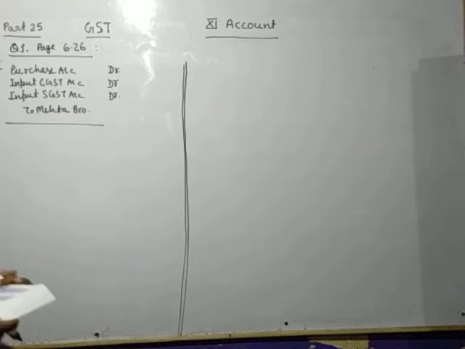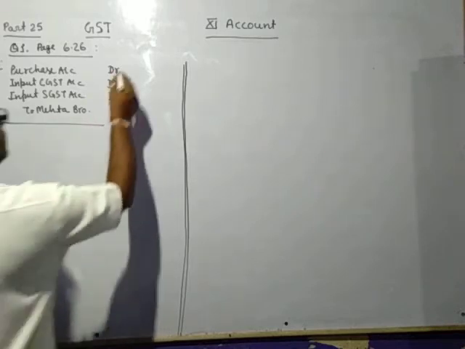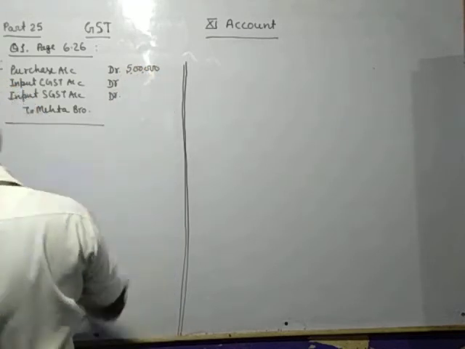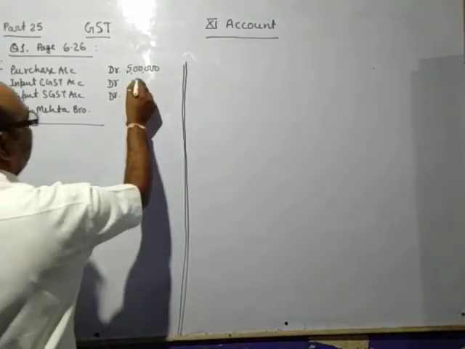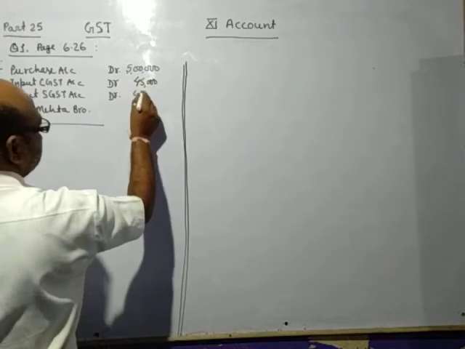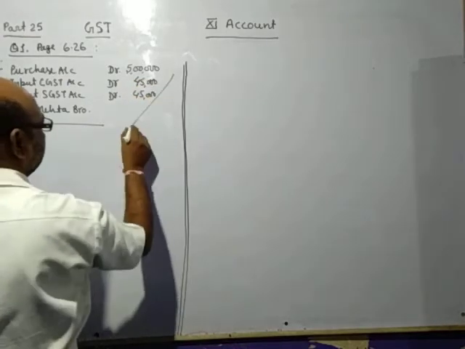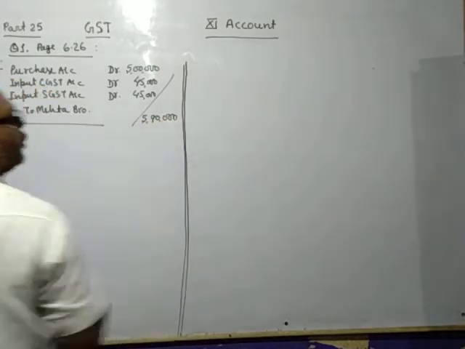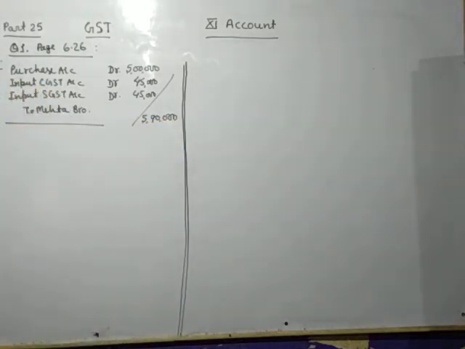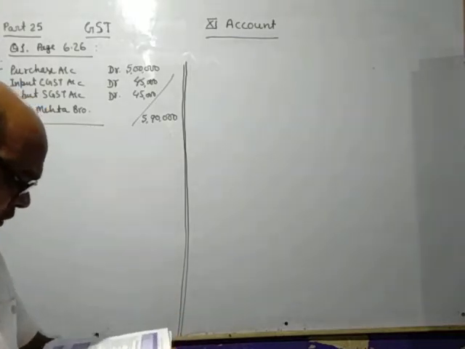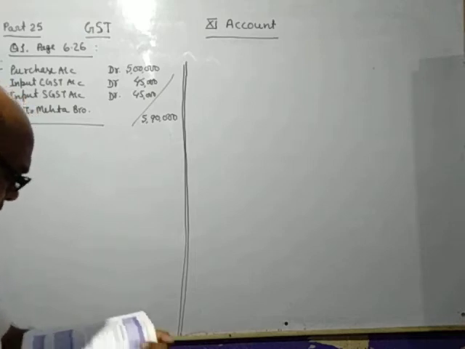Amount of purchase is 5 lakhs and GST rate is 9%, so 45,000. That is, total will be 5,90,000.